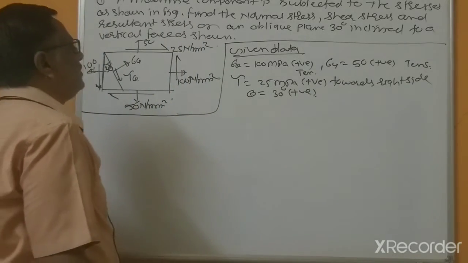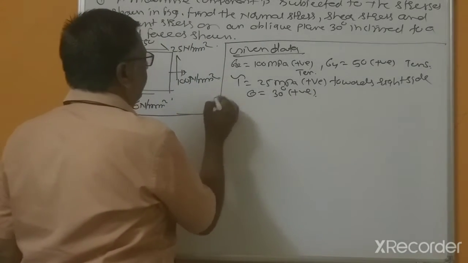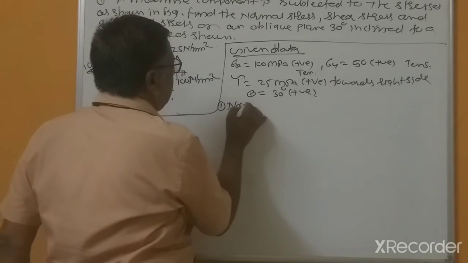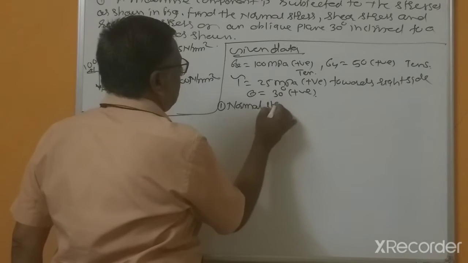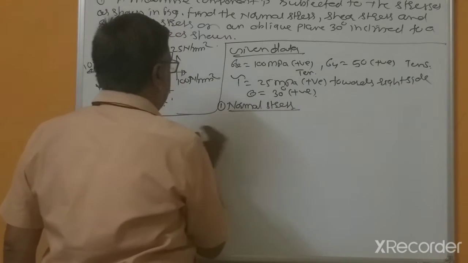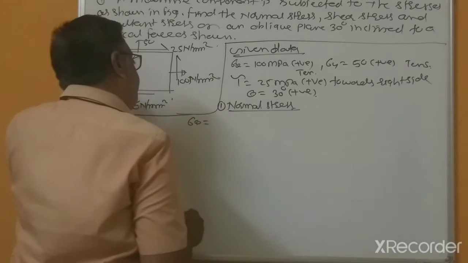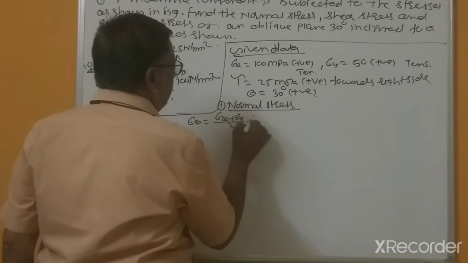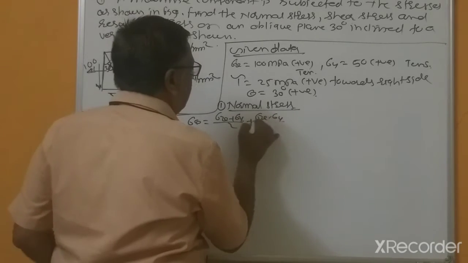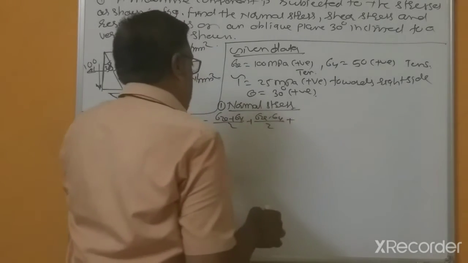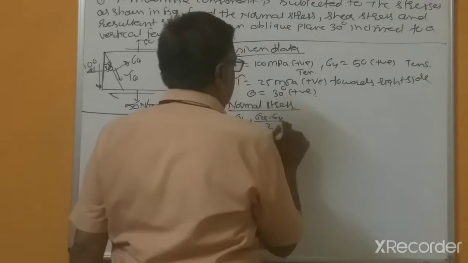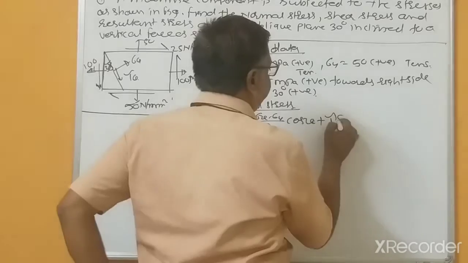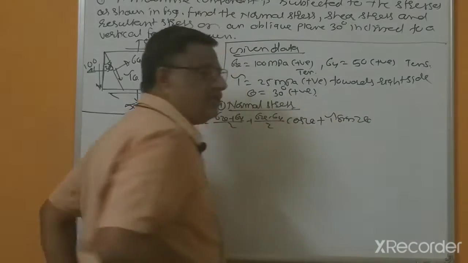Now we'll see the first bit, that is normal stress. What is the formula? Sigma theta equal to sigma x plus sigma y divided by 2, plus sigma x minus sigma y divided by 2 cos 2 theta, plus tau sin 2 theta.